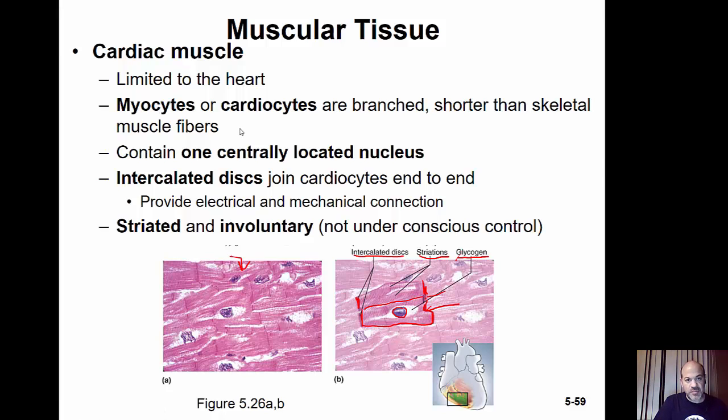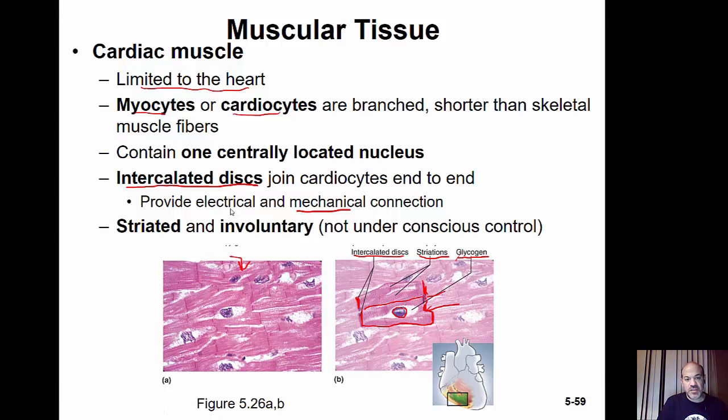This type of muscle, let's go through the notes here, is going to be limited to the heart. Again, the special cells are called myocytes or cardiocytes, same thing. They're branched. They're shorter than skeletal muscle fibers. They contain one centrally located nucleus. I mentioned the intercalated discs. We saw those earlier. These are going to join cardiocytes, and they provide a mechanical connection.